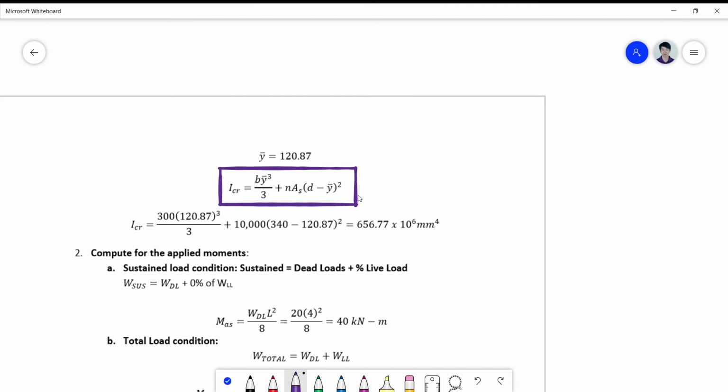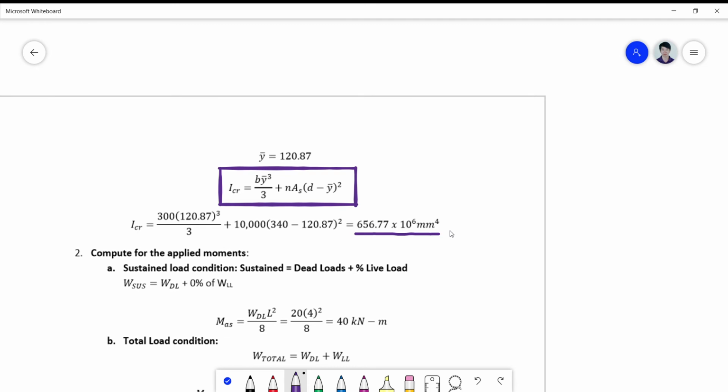Okay, so this formula is b kd cubed over 3 plus nAs times d minus kd quantity squared. So substituting the values of b, y, nAs, d, and y, you get 656.77 times 10 to the 6 millimeter to the 4th.